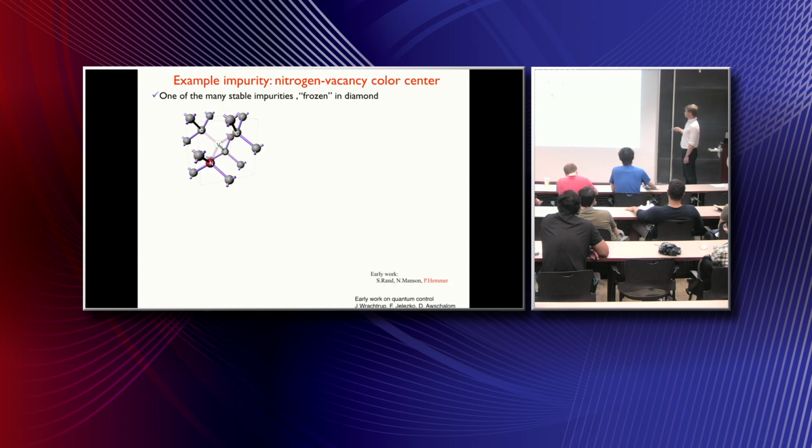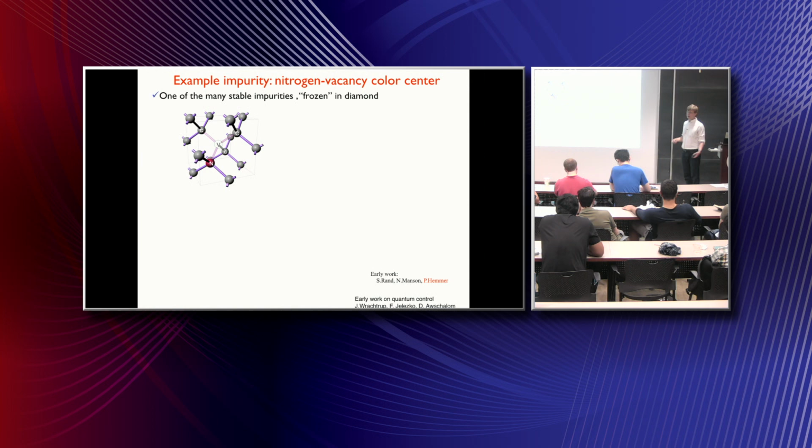Perhaps the most useful impurity in diamond so far is the so-called nitrogen vacancy color center. It's one of the many stable impurities, and essentially it involves a nitrogen atom which substitutes a carbon atom in the diamond lattice, next to a vacancy left by a kicked-out carbon atom. Basically this becomes an extremely localized point-like defect, and this defect can be thought of as a kind of artificial atom.